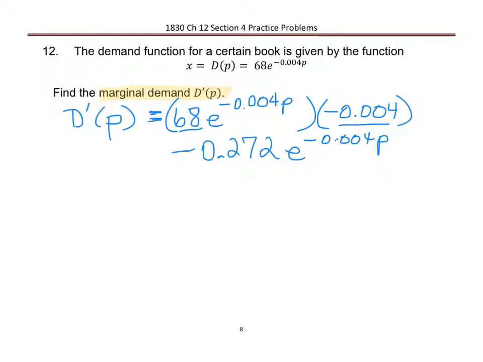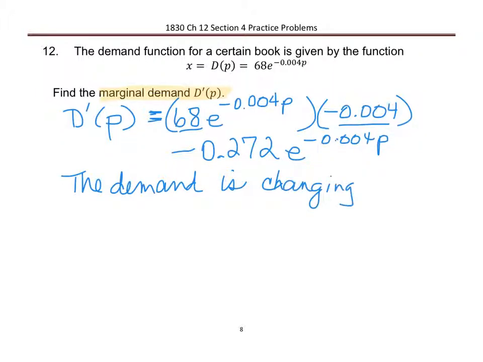And so this is the demand is changing by, because it means it could go up or down. Just because that negative is in front doesn't necessarily always mean that this would have to be negative. Depends on what the price is.